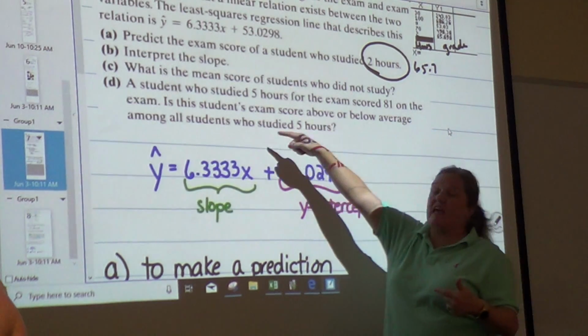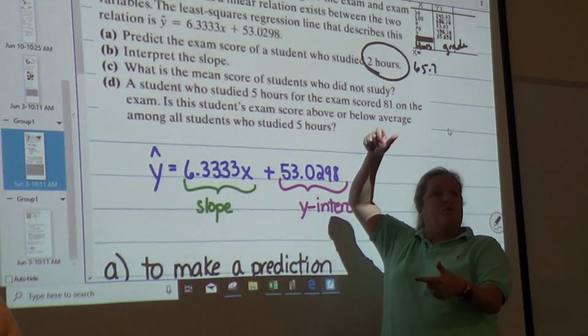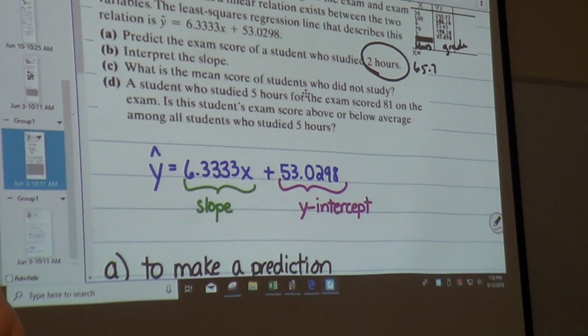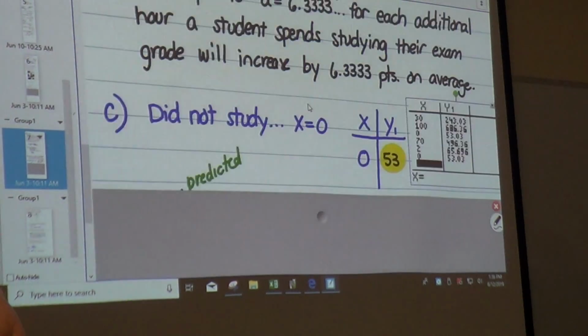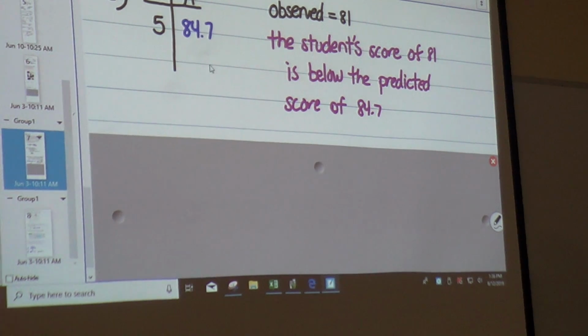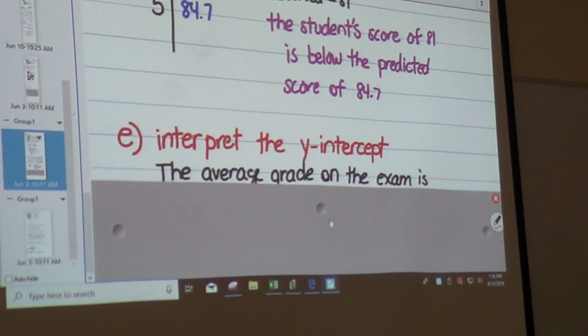And he made an 81, so he made below what we predicted him to make. So if I come down, if you plug the 5 into the table, he was supposed to make an 84, but he made an 81, so he made below what he should have made.